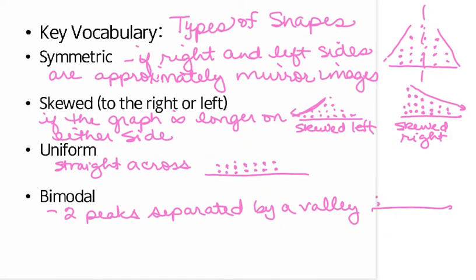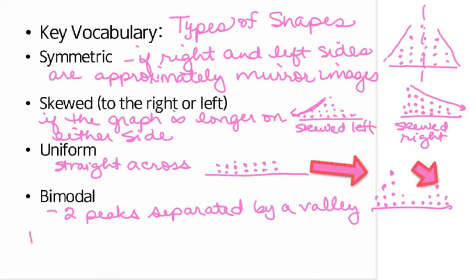If I had some data here, let's say I've got this peak over here and then it drops down and then I'm really low here for a while and then I go back up and then I drop down. Notice that I have two peaks. I have a peak here and I have a peak here. So bimodal meaning two peaks.